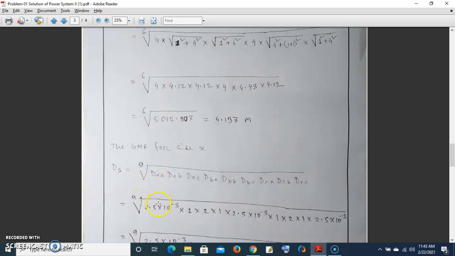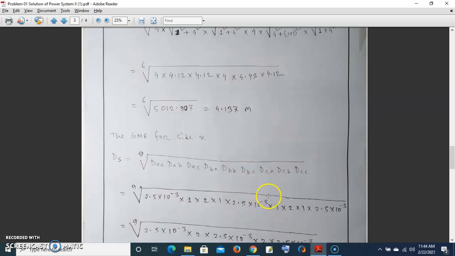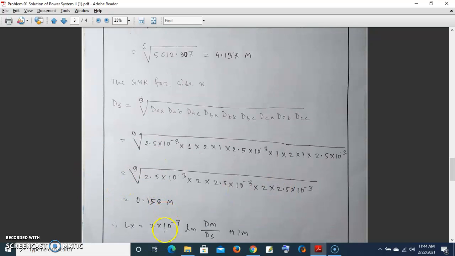Here DAA means the radius 0.25 centimeter, converted to meter, 2.5 times 10 to the power minus 3. DAB equals 1, DAC equals 2, DBA equals 1, DBB equals 2.5 times 10 to the power minus 3, DBC equals 1, DCA equals 2, DCB equals 1, DCC equals 2.5 times 10 to the power minus 3, and we get the result 0.158 meter.